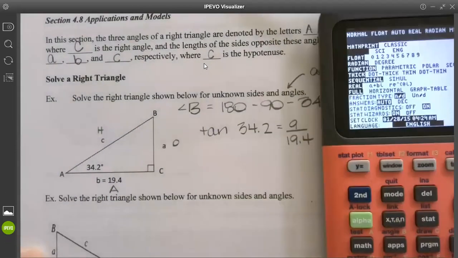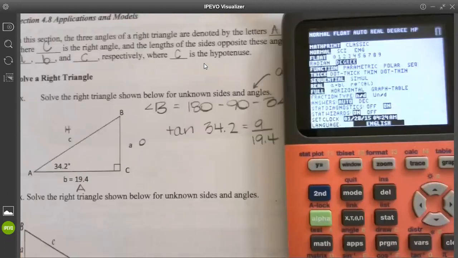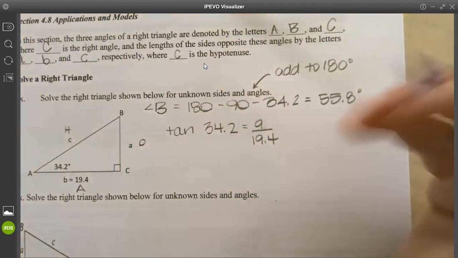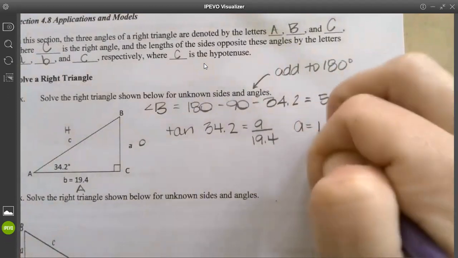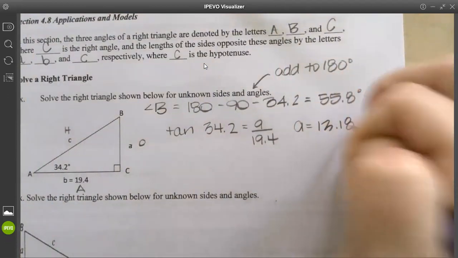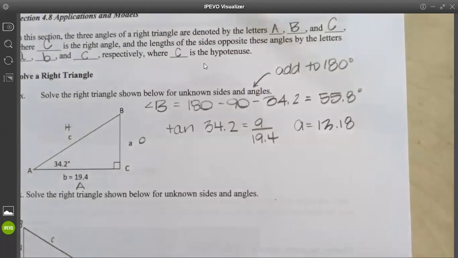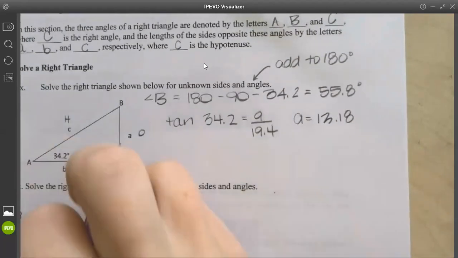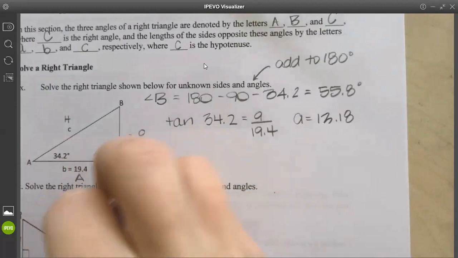So make sure we're in degree mode, otherwise it will not come out right. And you said we're going to multiply by 19.4, so tan 34.2 times 19.4, and we get 13.18. So now we have this is 13.18.